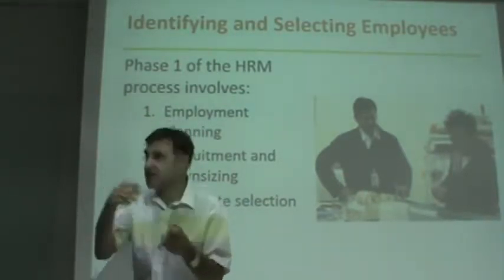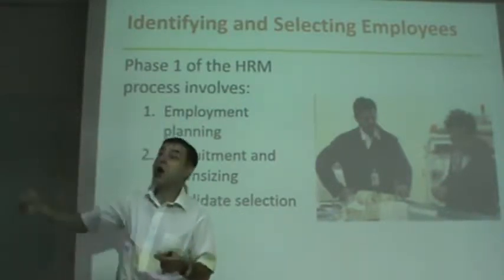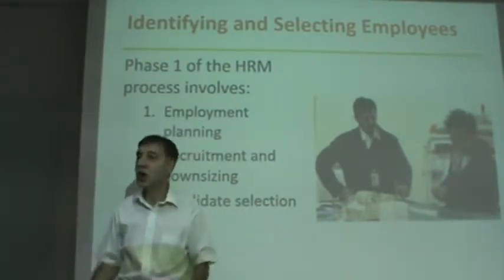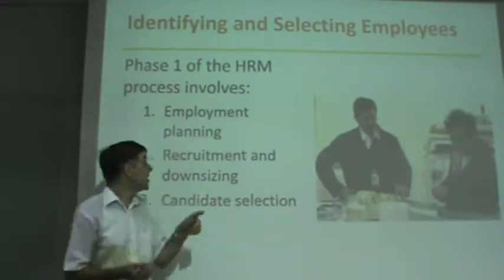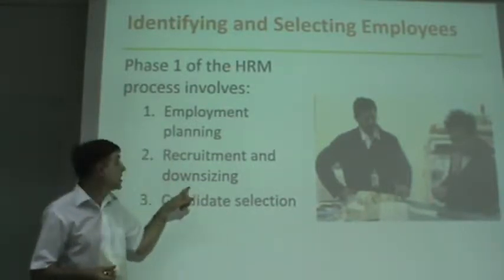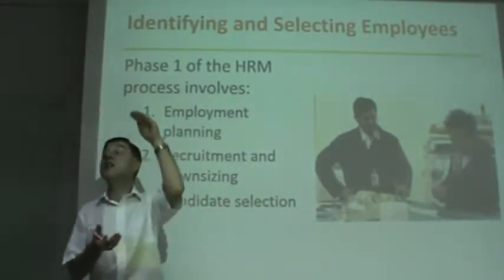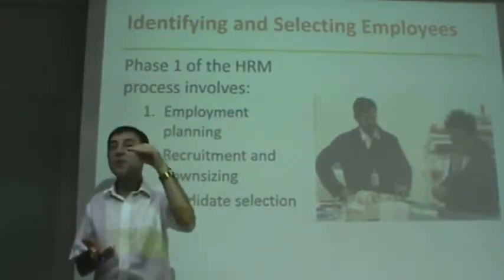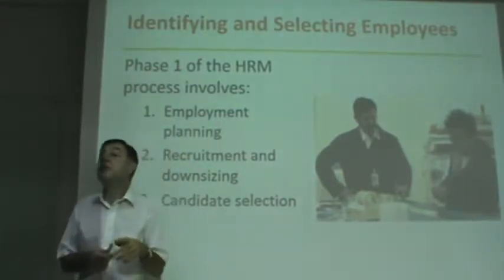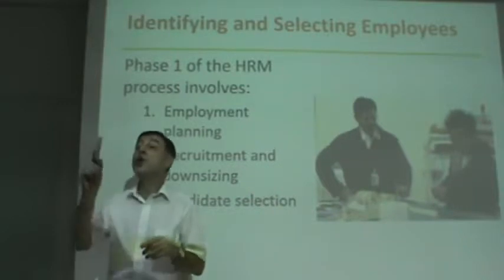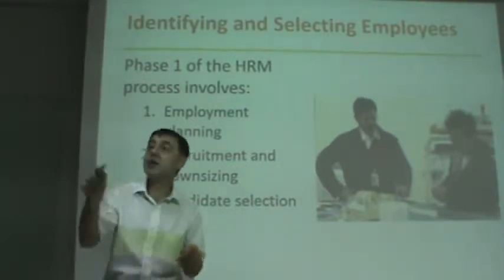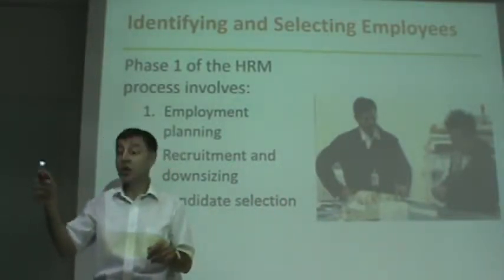To terminate means you send somebody home because they no longer work. That's termination, okay? So, downsizing means reducing the number of people, and you choose which ones you don't need and which ones you want to terminate.